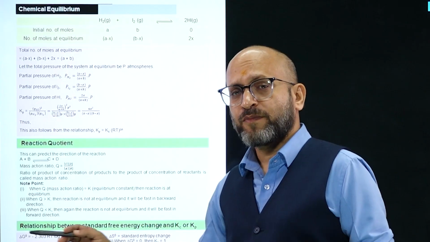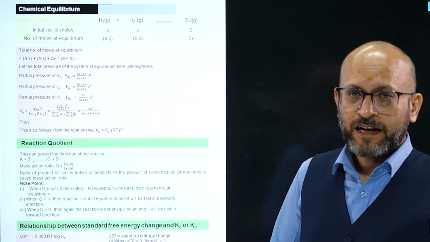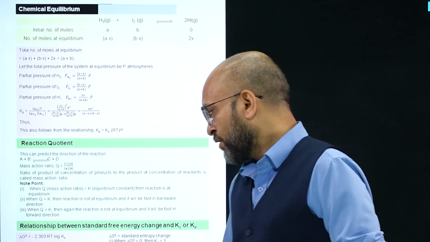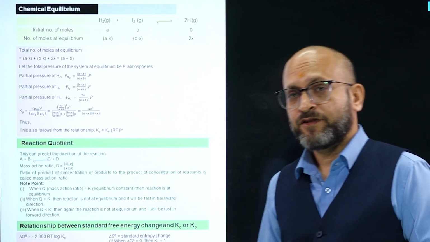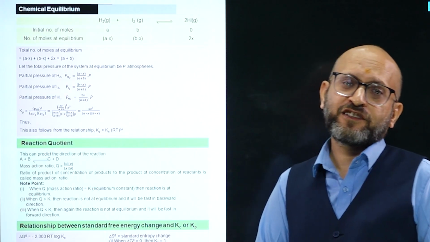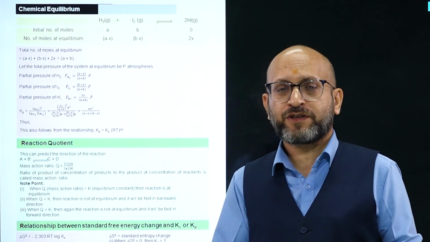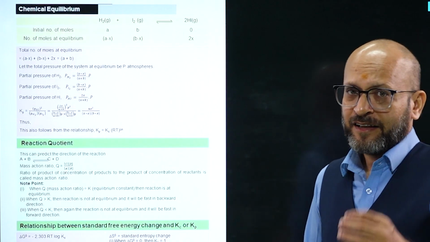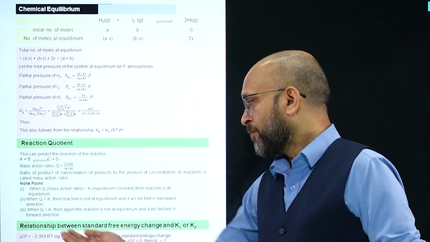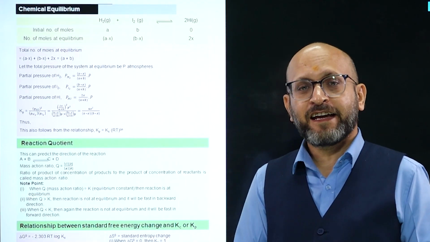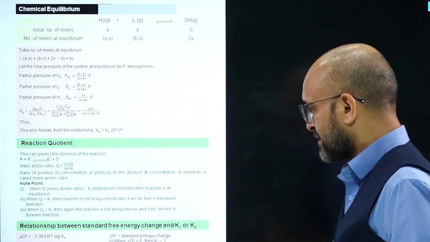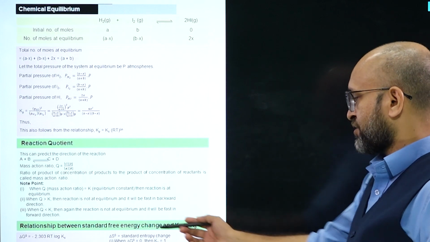So what is the relation? Delta G naught equals minus 2.303 RT log Kc, and if you want to compare for Kp, you have the same relation, delta G naught equals minus 2.303 RT log Kp, right? If we were using natural log, then you will say minus RT ln K. Delta G naught equals minus RT ln K. And you have few relations over here.